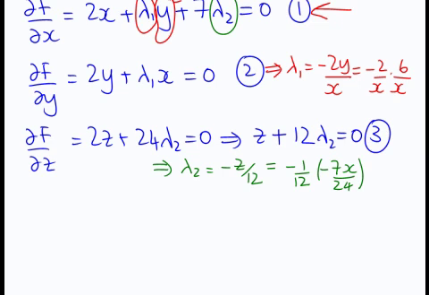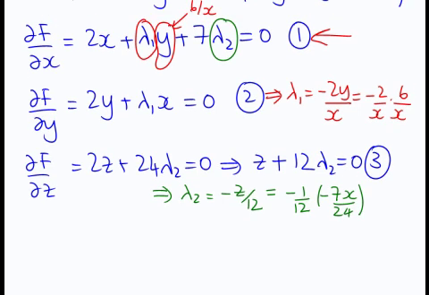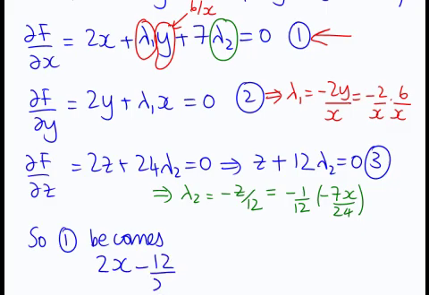So let me now rewrite equation 1 just in terms of x. What I've got is 2x plus lambda 1, which is 12 over x squared, times y, which is 6 over x, plus 7 lambda 2, which is actually 7x over 12 times 24.